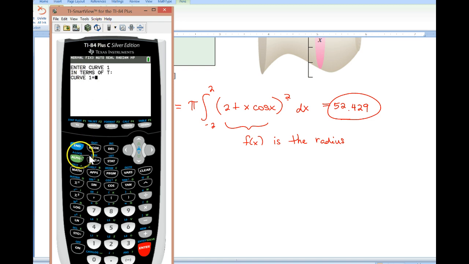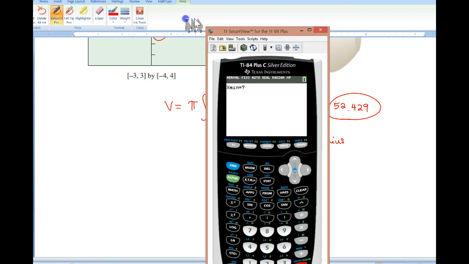Now, we're going to type in 2 plus x cosine x. Now, when we press x, t shows up. That's fine. It uses something called parametric equations, so don't worry about it. T is the variable. So we press enter. Curve 2. For right now, we don't have a curve on the bottom, so I'm just going to type 0. Press enter. Now, the x min and the x max, this is our viewing window.